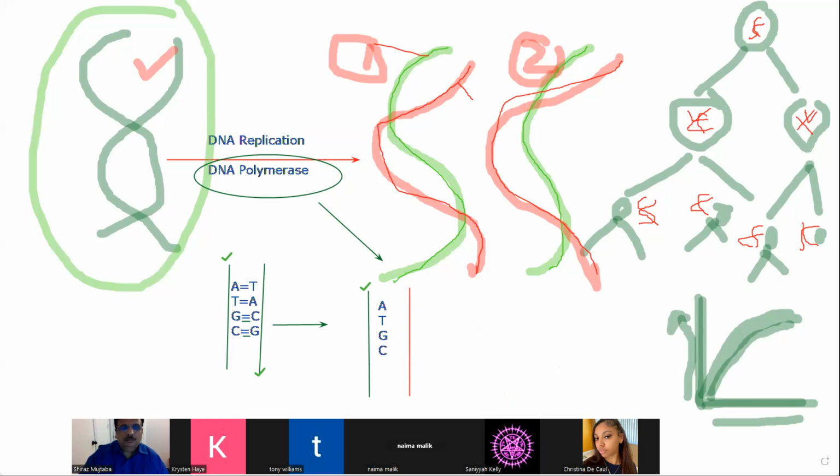So the parent strand separates. So this will be here T, A, C, G. DNA polymerase comes in and synthesizes the new DNA strand.